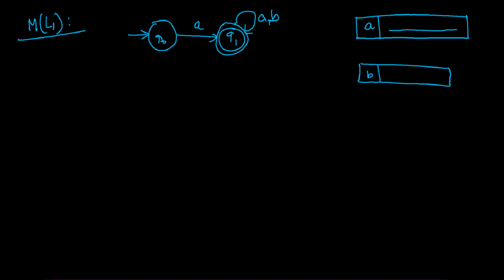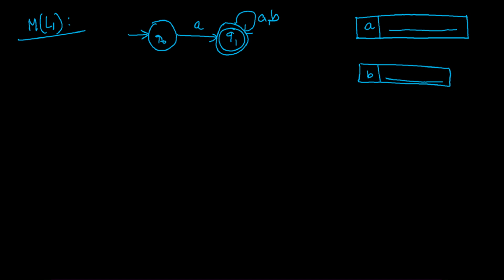It is already decided when you see the first symbol whether the string is to be accepted or not. If the first symbol is A, you have to accept it. If the first symbol is B, you will not accept it.